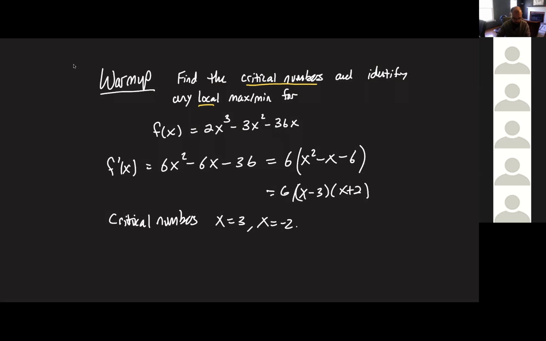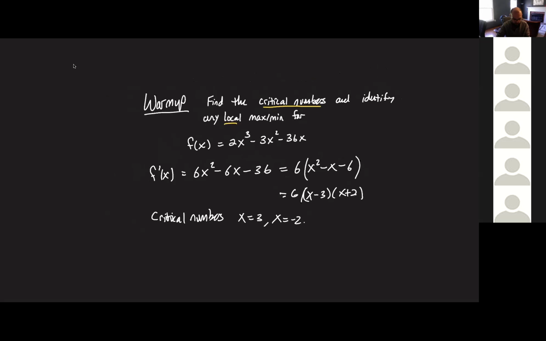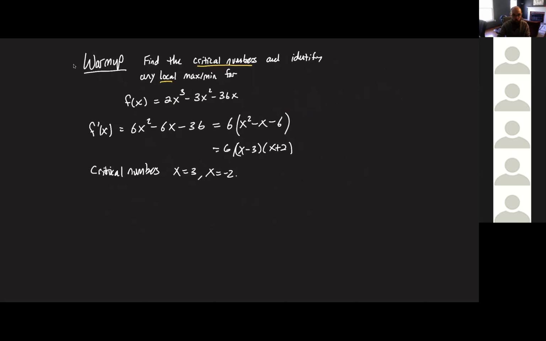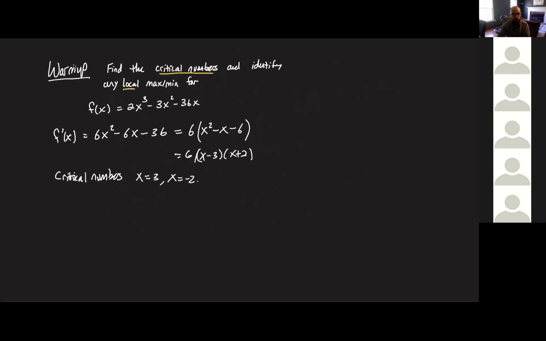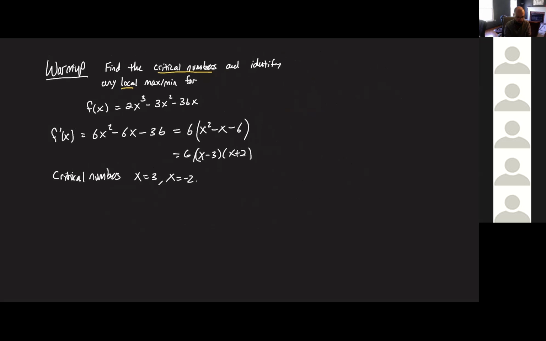Now what I want to do is look at my graph and try to identify, where do I have a local max or a local min? These are my candidates. As we saw on Monday, we're going to set up a sign chart, what we call a first derivative sign chart. I want to know, where does the derivative go from positive to negative or negative to positive?